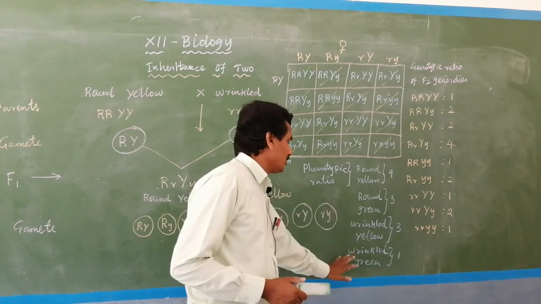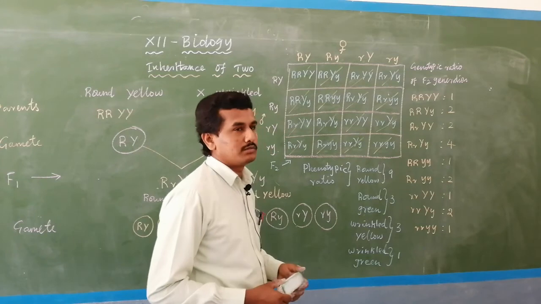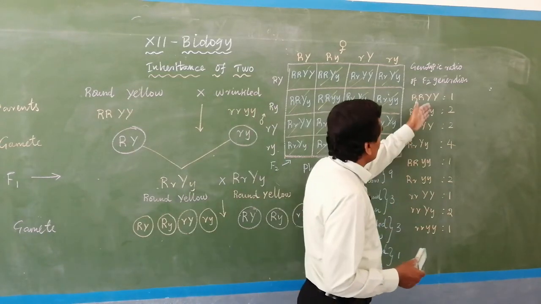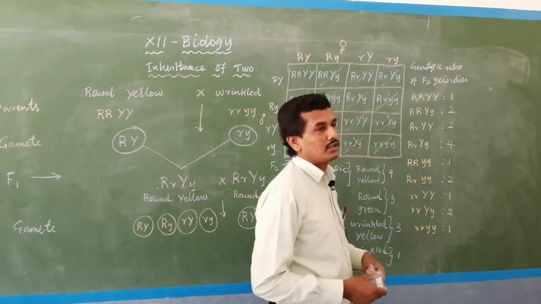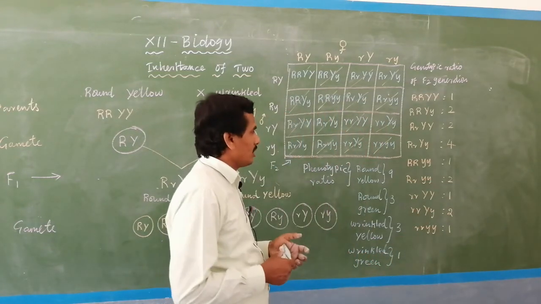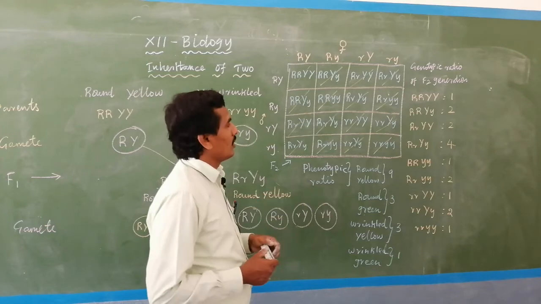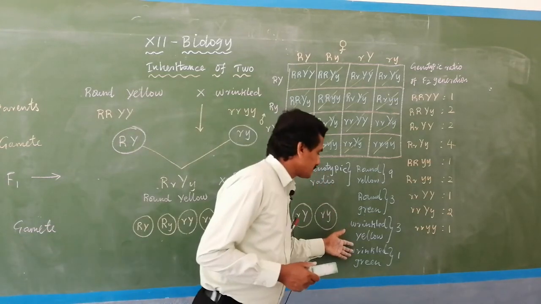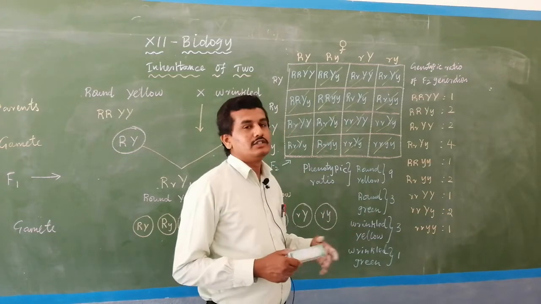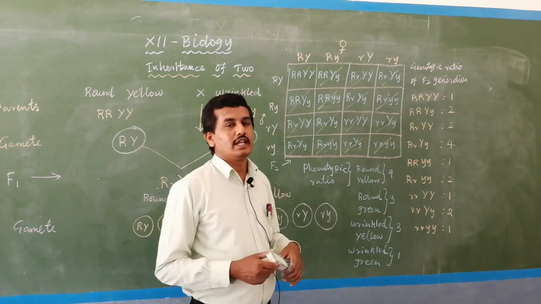So 4 types of phenotypes are produced, and genotypes 1, 2, 3, 4, 5, 6, 7, 8, 9. So, 9 genotypes are produced. So, in the garden pea dihybrid cross, 4 phenotypes and 9 genotypes are produced in the F2 generation.